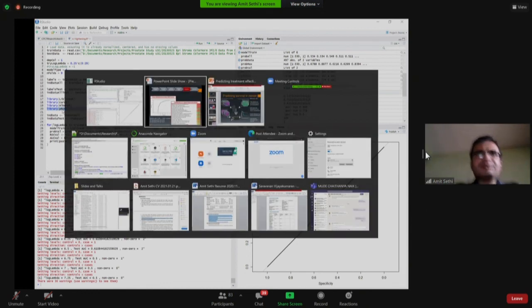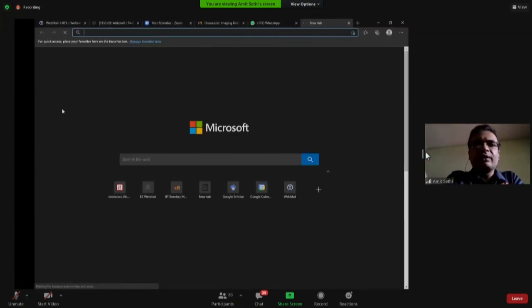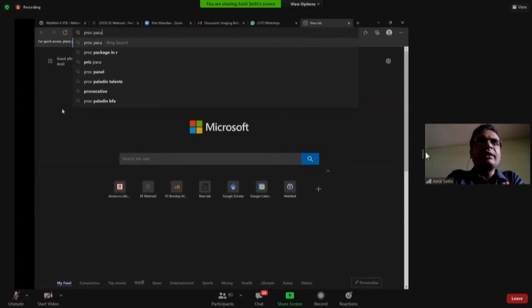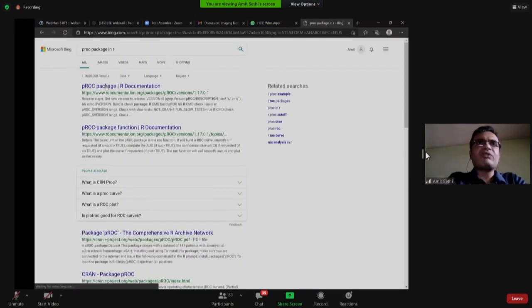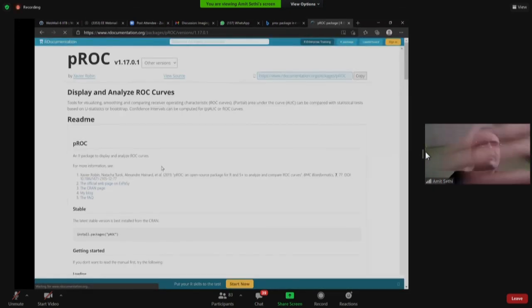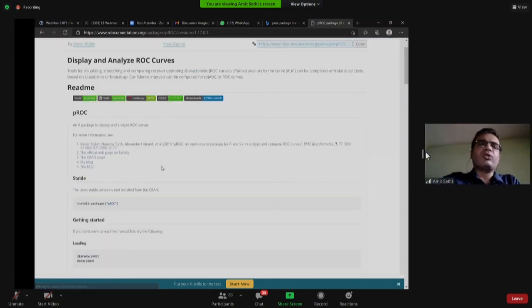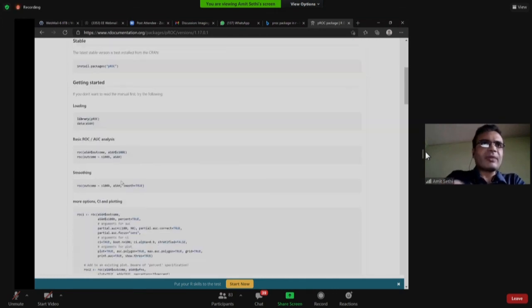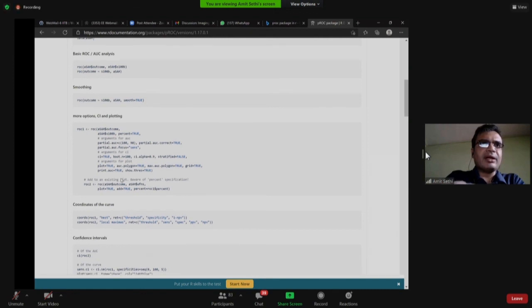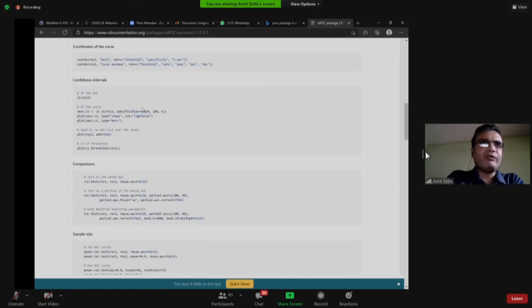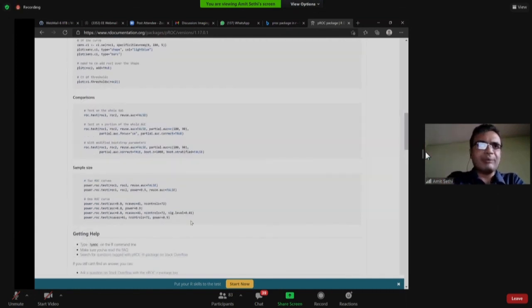If I go to a browser and search for the pROC package in R, we get very good documentation for these packages that tells us who built it, what the different commands available are, how to load the package, and so forth. It also gives you some examples of how to use it, how to find confidence intervals of that ROC curve, how to set the sample size, and so forth.